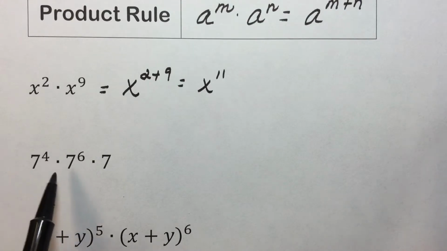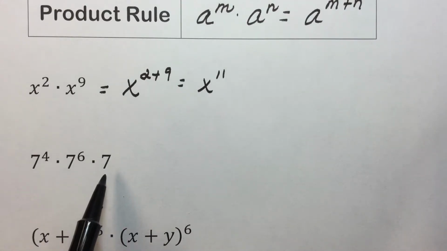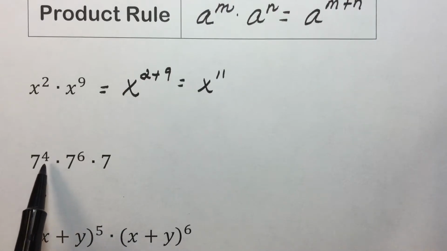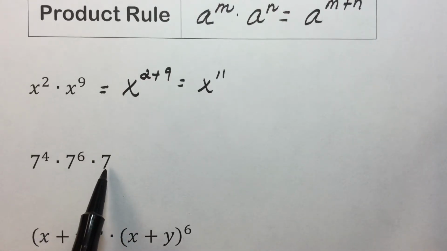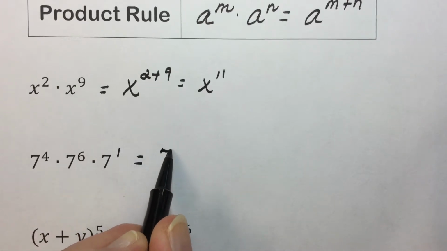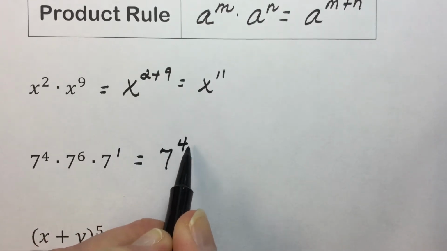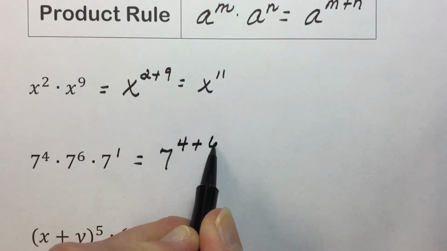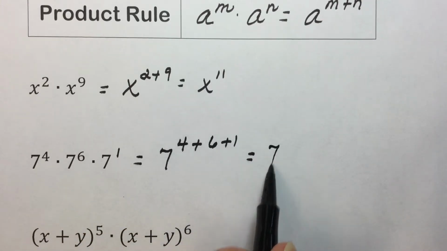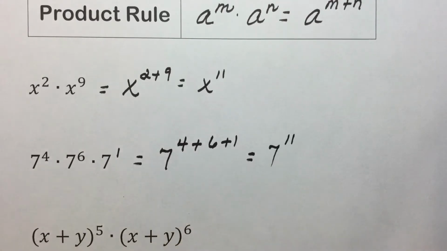No matter the number of factors, the rule is still going to work here. We have common bases with exponential powers of 4, 6, and the understood 1. When we simplify here, we will add those powers together and have an equivalent of 7 to the 11th power.